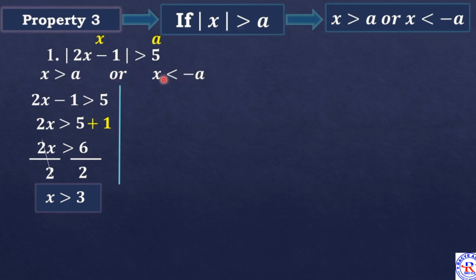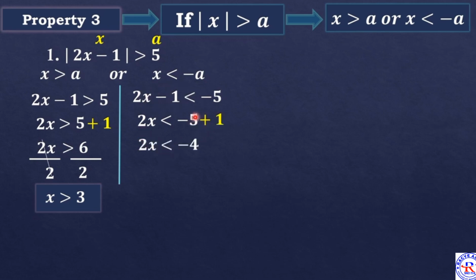So, itong dalawa. So, ito, again, your x is 2x minus 1 is less than negative a to. So, ibig sabihin negative 5. Okay, is less than negative 5. So, 2x is less than negative 5. So, magiging plus 1 ito. Transposition. So, 2x is less than negative 5 plus 1.